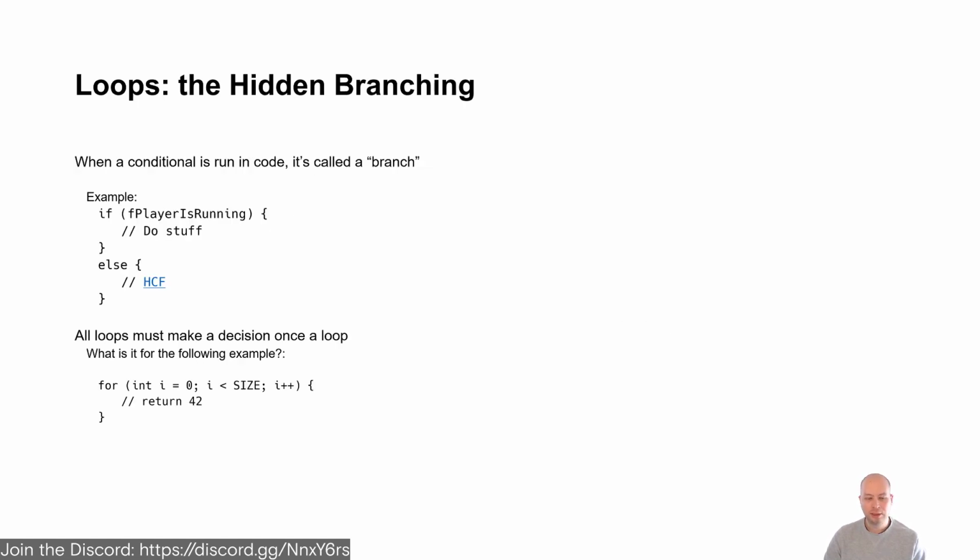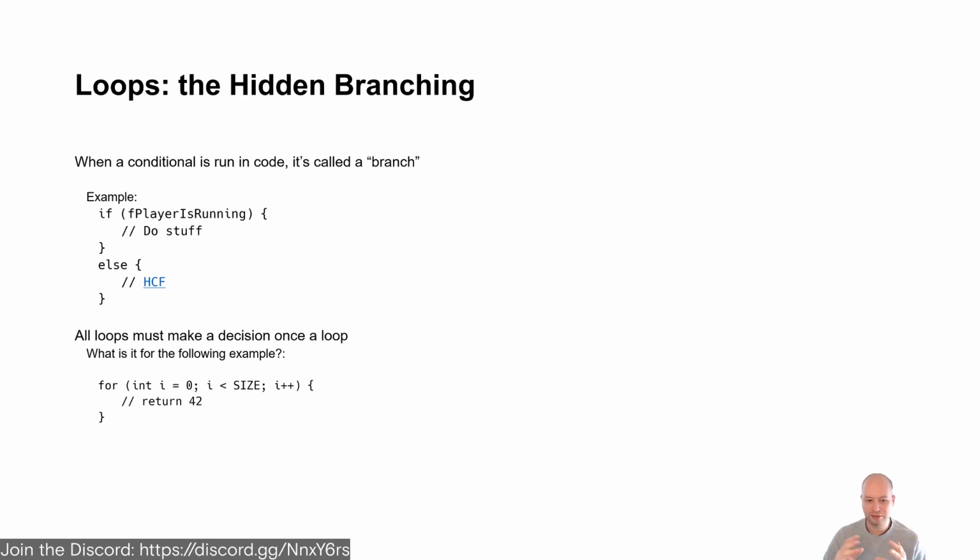So let's talk a little bit about loops and the hidden branching of loops and what we can do to improve things. Say we have a conditional, such as if the player is running. This is what's called a branch. If it's true, then we do the stuff in that section, and if not, then we do the stuff in the second section. You may notice some of my humor in here if you click on that link.